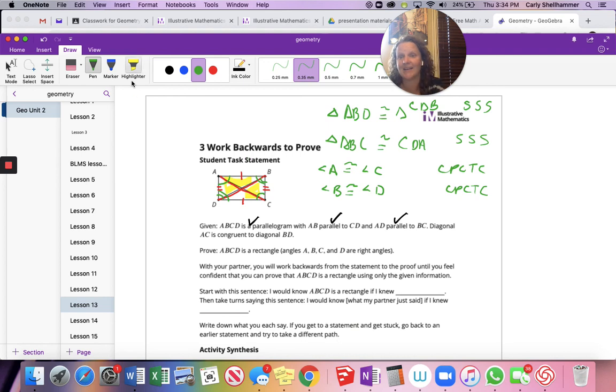Ooh, got it. Okay, let me erase this. This is the way we need to go. Pink triangle with yellow triangle.